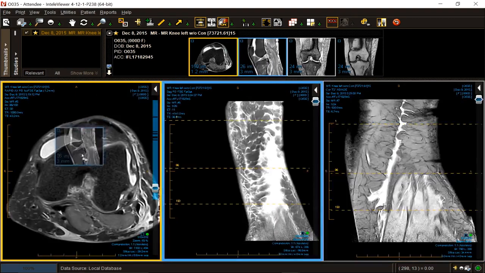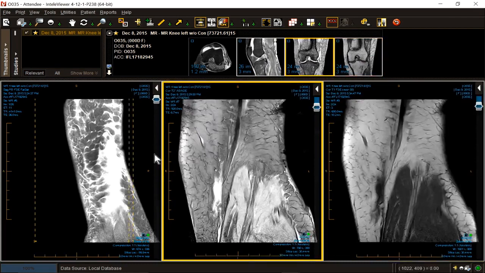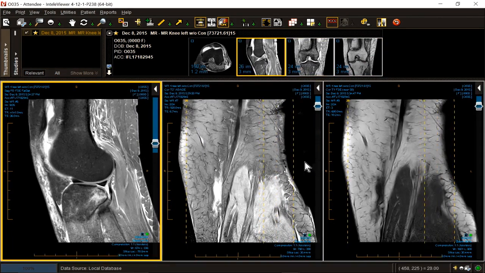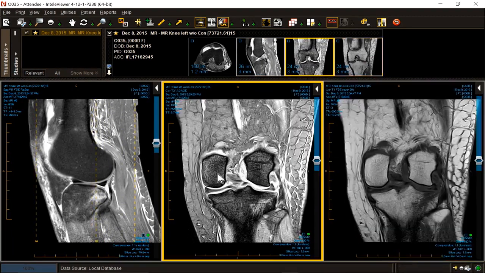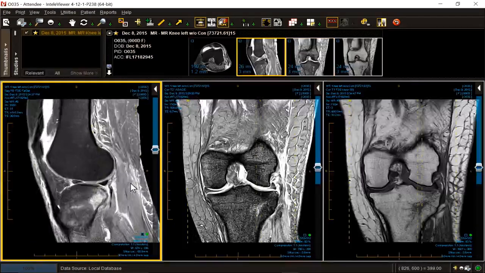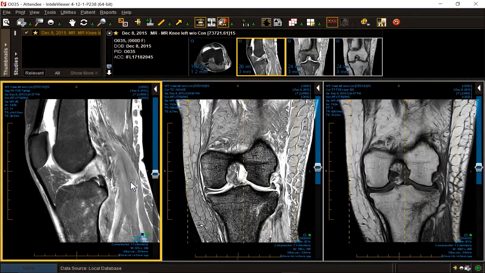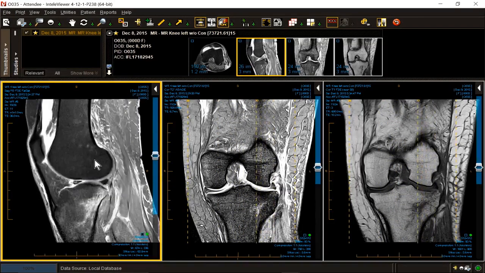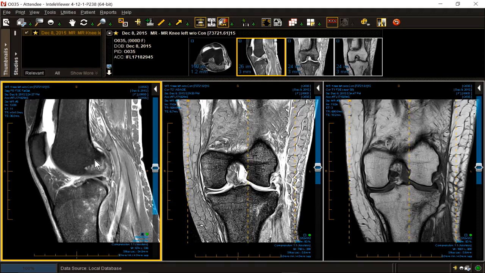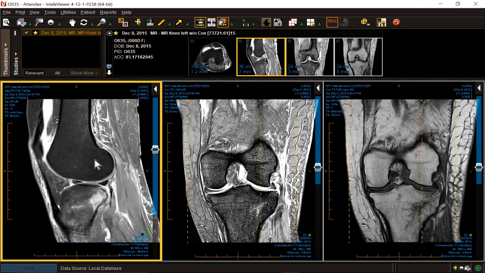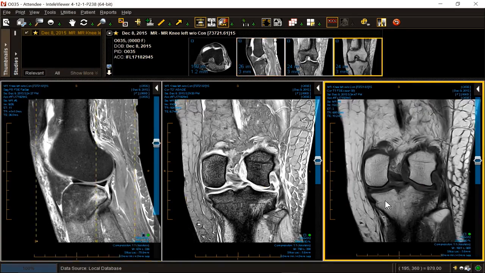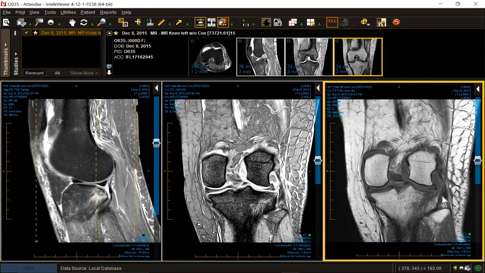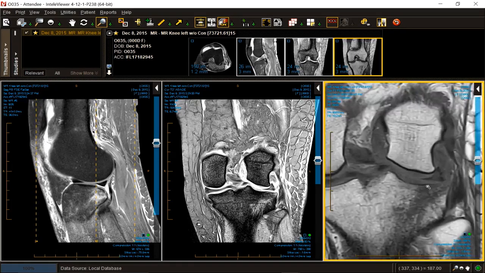Okay, let's 3-up the rest of the images now. Hit number 3. Put up your sagittal, your 2 coronals. So on the far left, my left and your left, is a fracture. Now this is a macro fracture. If you blow it up, you can actually see that the line is jagged.